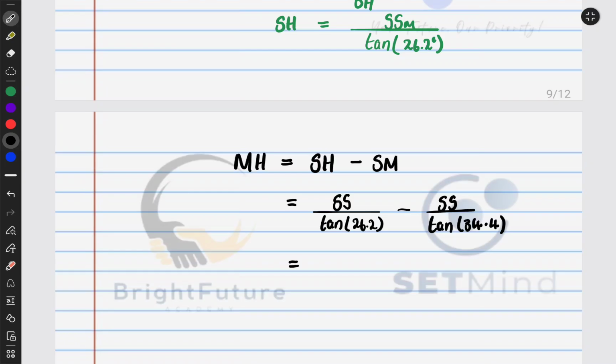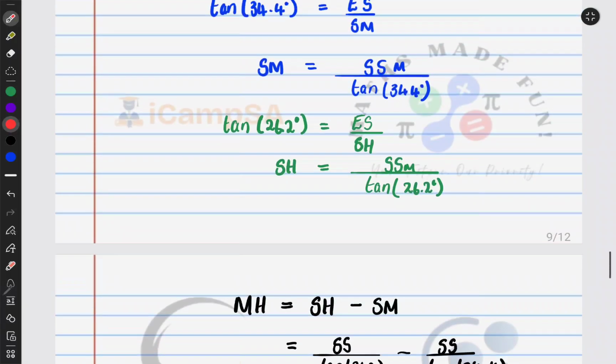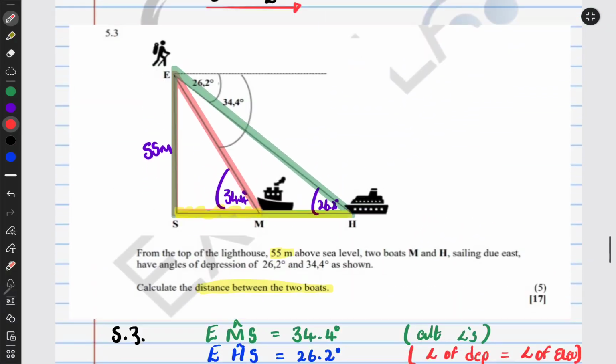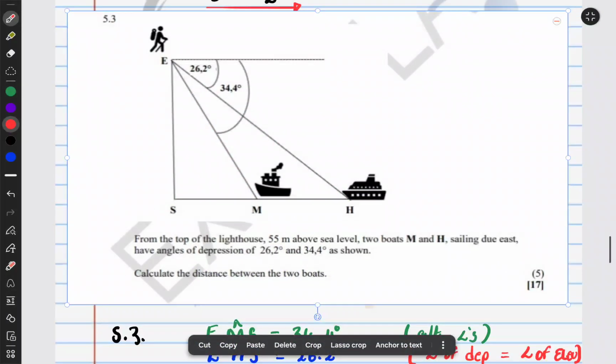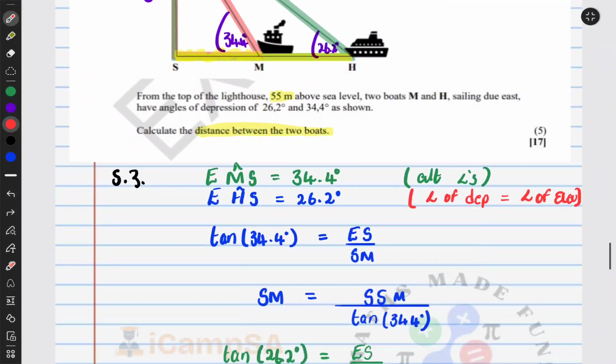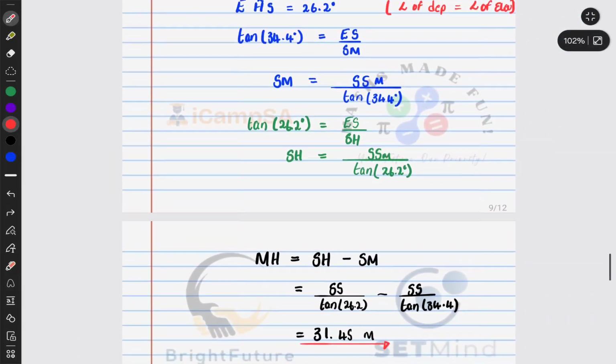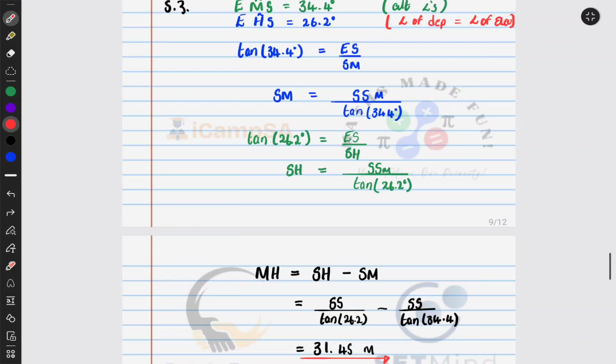This is going to be 31.45 meters, and that is the distance between the two boats. Okay, 5.3. That is how you go about calculating the distance between the two boats.